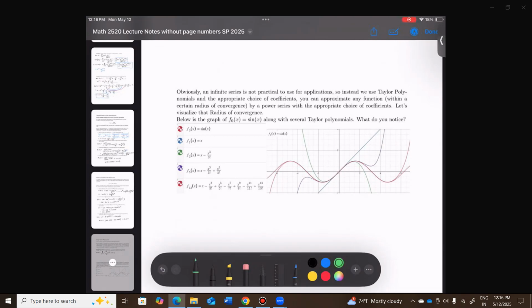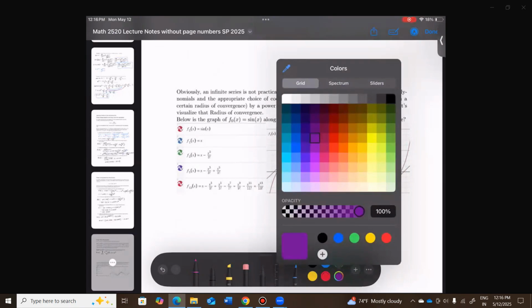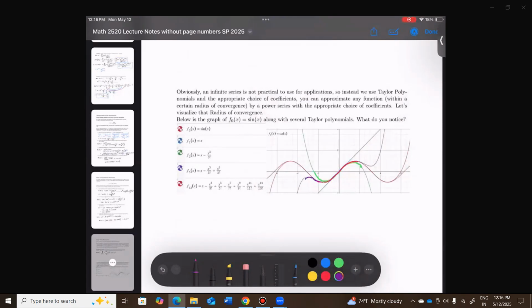Notice the green one kind of goes in line right here with the blue one, and this red one also overlaps in the same area. The purple one right here overlaps as well, and then the other red one will overlap.